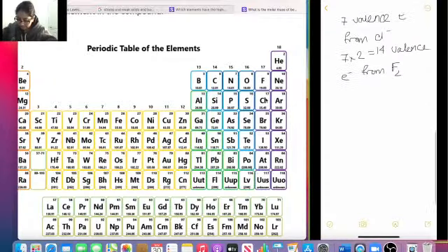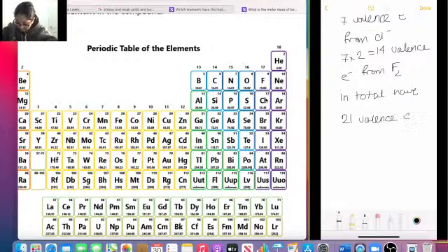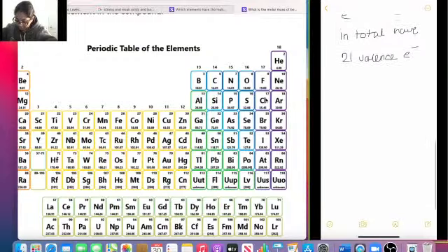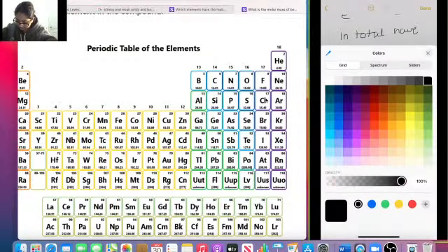And so you can say that in total we have 21 valence electrons, right? 14 plus 7 is 21. But when we draw this out, let's draw this out.